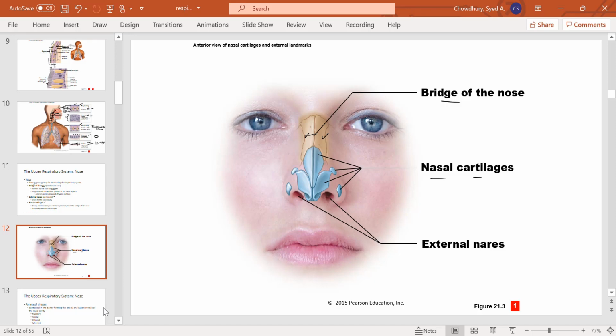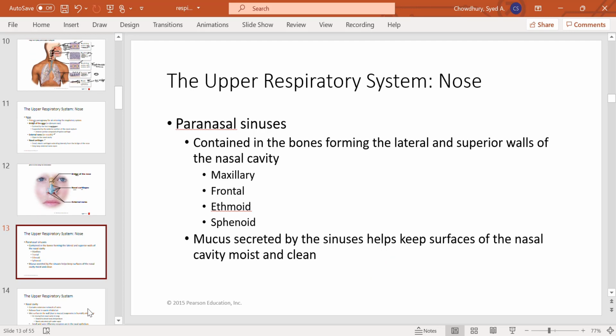Okay, and then paranasal sinuses. Around the nasal cavity you have a number of sinuses. Sinuses are the spaces inside the bones. So in the bones around your nasal cavity you have some cavities. Those are the sinuses, and the paranasal sinuses are maxillary.